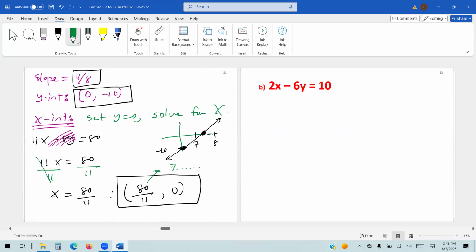Find the x-intercept, y-intercept, slope, and graph. You don't have to work alone. You can talk with your neighbors.